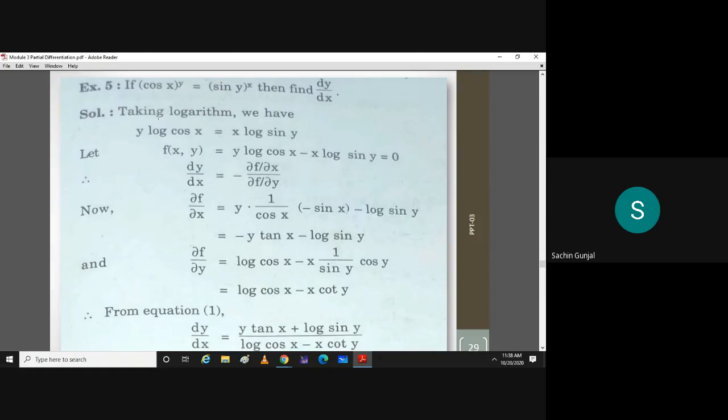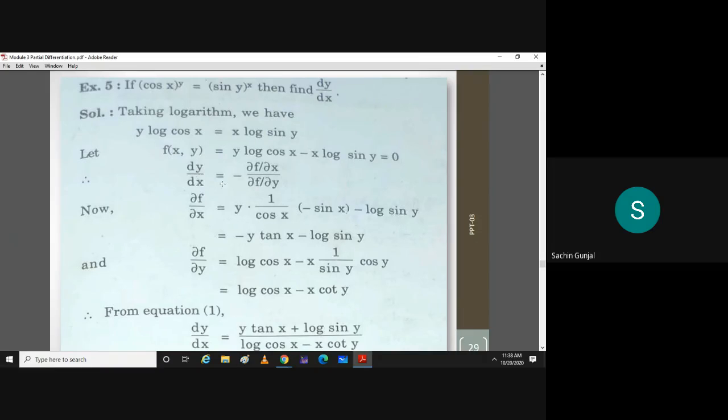Let us apply log on both sides. So this is y log of cos x equal to x log of sin y. So f of xy equal to 0 is our implicit function. Taking x log sin y to this side, it becomes minus: y log of cos x minus x log of sin y equal to 0. This is your f, the implicit function f of xy.